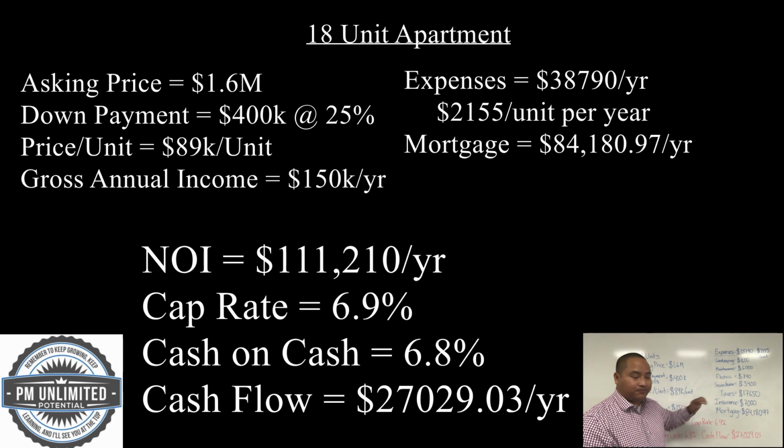Taxes and insurance, again, you can get different quotes for your insurance to help decrease your expenses while having the same coverage. I mean, you never know, but definitely go out for quotes to help with that cost. All of these together came up to $38,790, right?